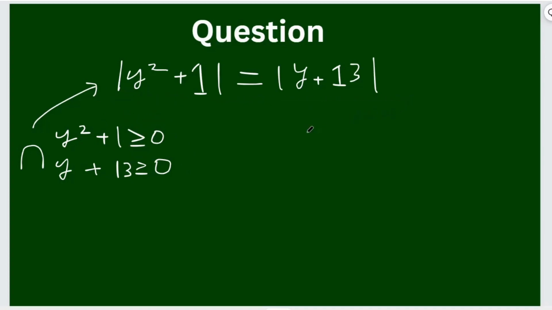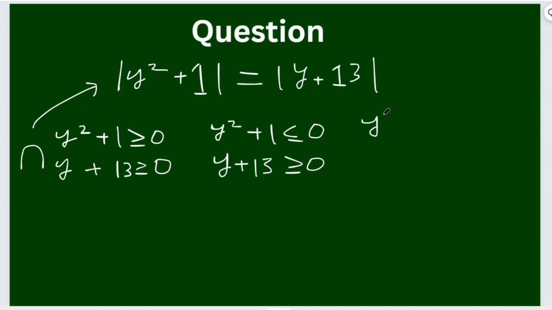So that's case 1. Another case you have is y squared plus 1 is smaller or equal to 0, and here y plus 13 is going to be greater or equal to 0. That's another case that you can consider, right? And of course, it's all intersection.